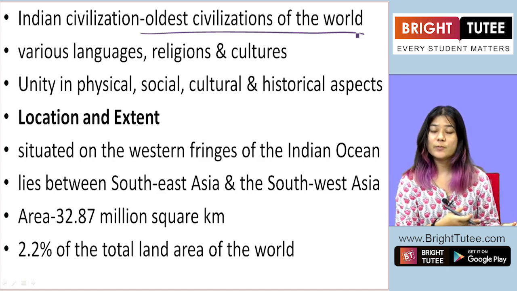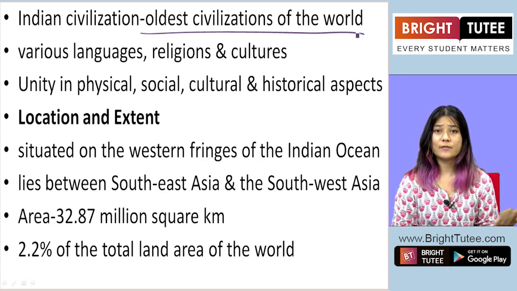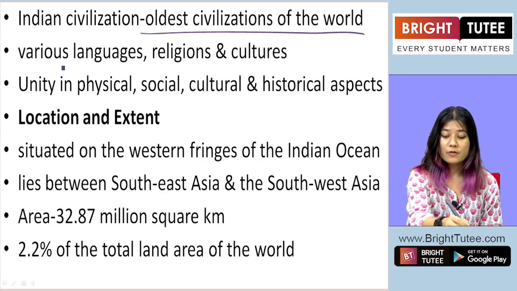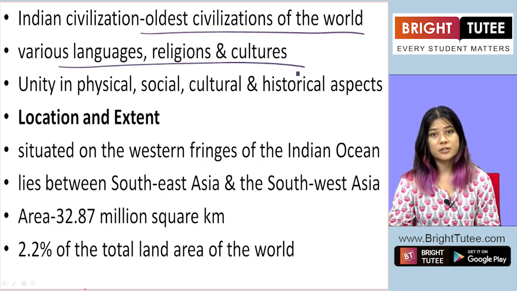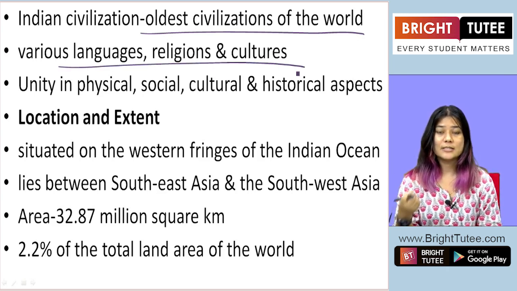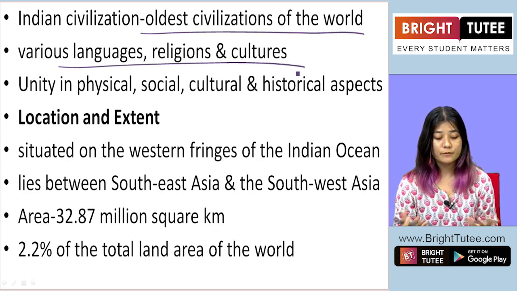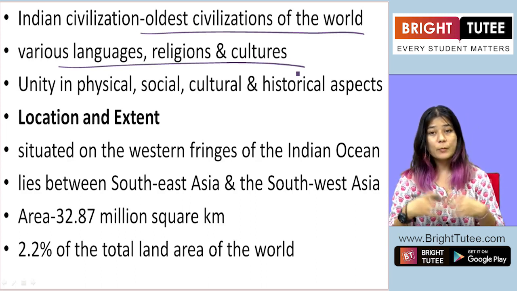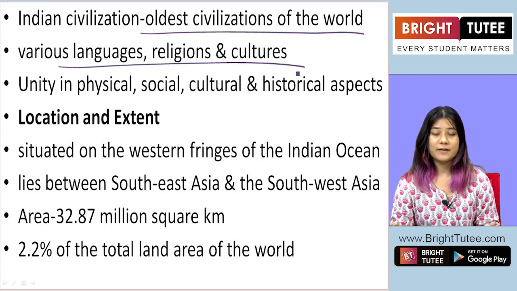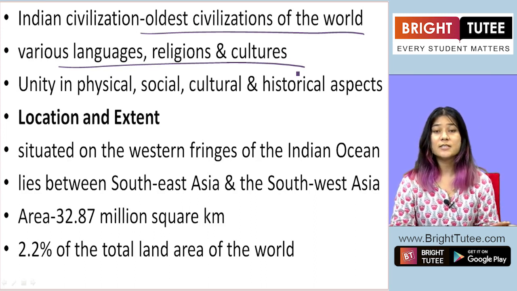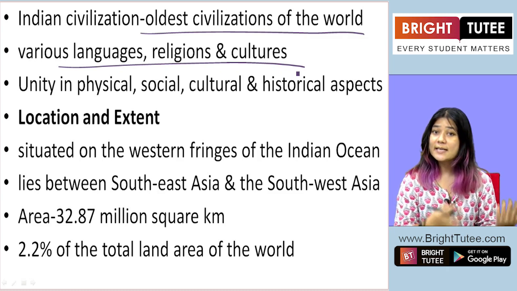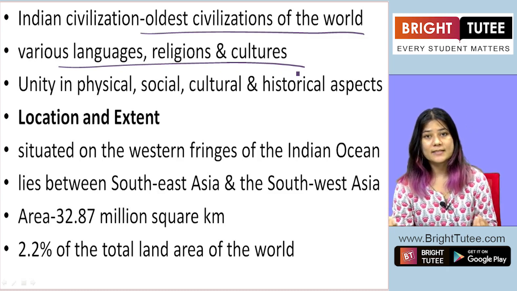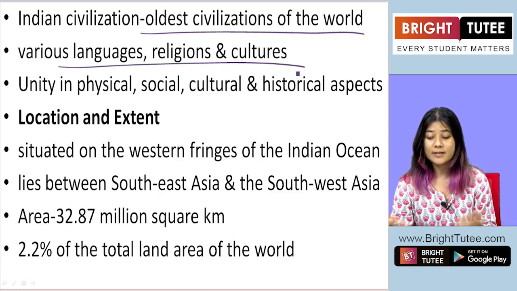India has, as we already saw, various languages, religions, cultures, and traditions that are practiced by the people living in this beautiful country. Okay? So when we look at India, there's so much diversity. Okay, there are mountains, there are plains, there are deserts, there are fertile plains, there are dry, arid areas.